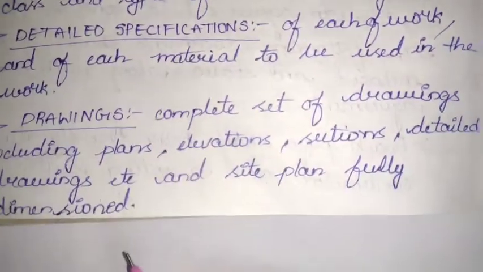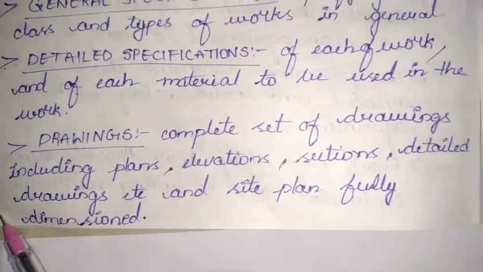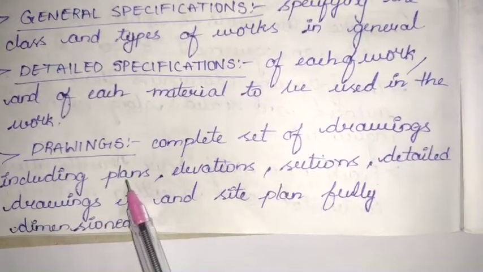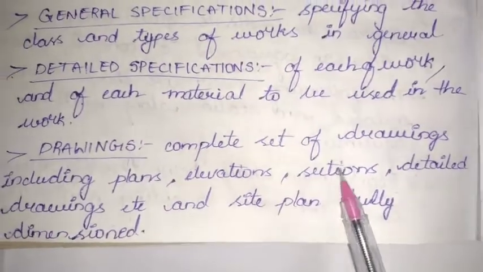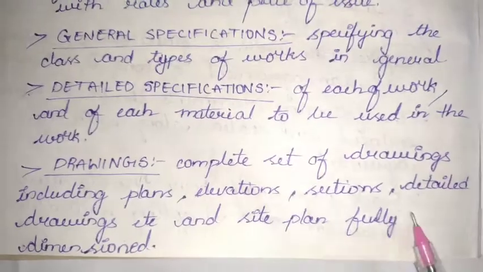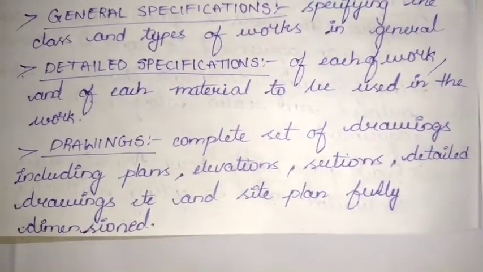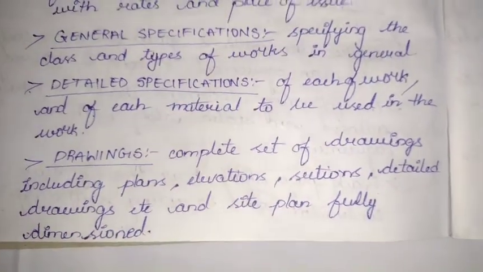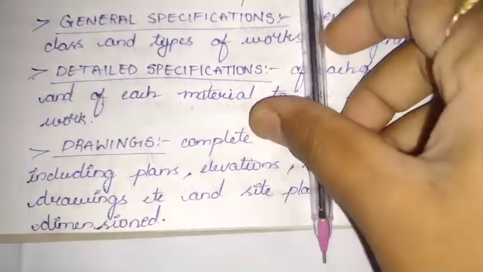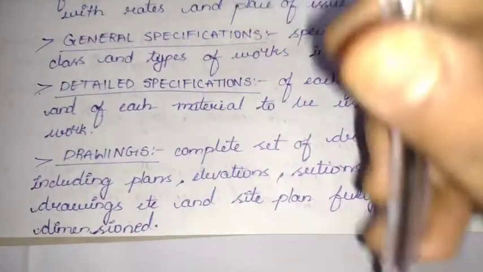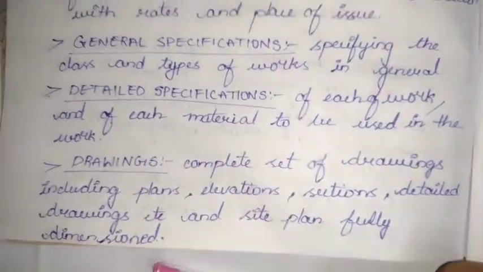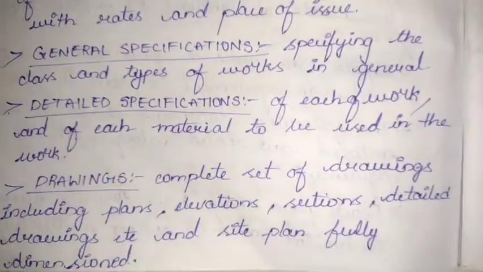We should also include drawings, that is, a complete set of drawings including plans, elevations, sections, detailed drawings, etc., and a fully dimensioned site plan. Let me explain what a plan is. A plan is something we see from the top.